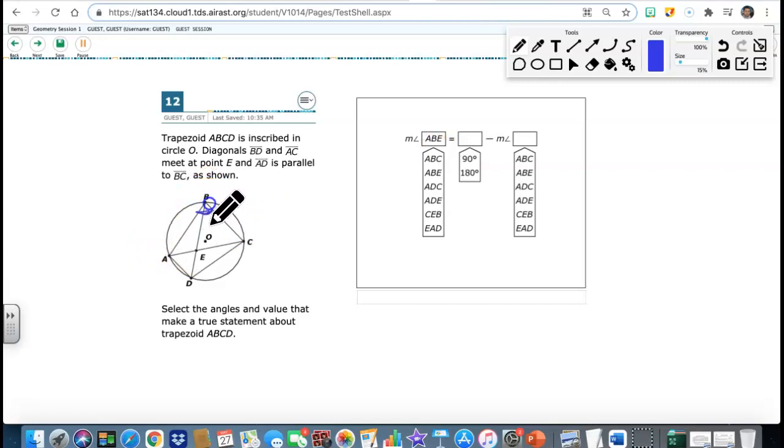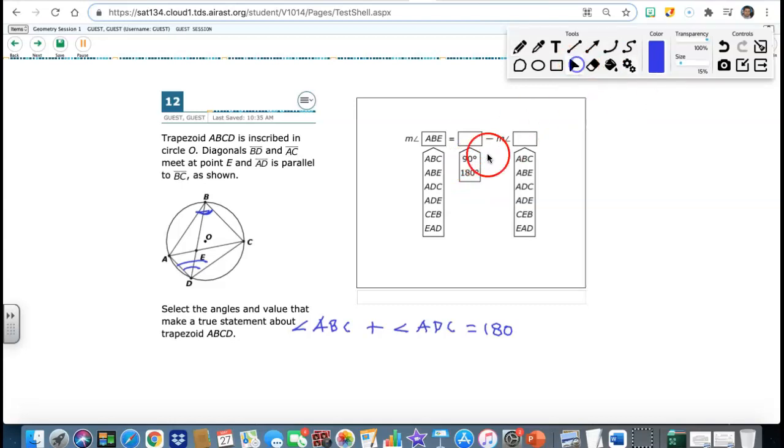So I can say that ABC plus ADC equals 180. But here they're not saying that. They're saying one angle equals 180 minus the other angle.